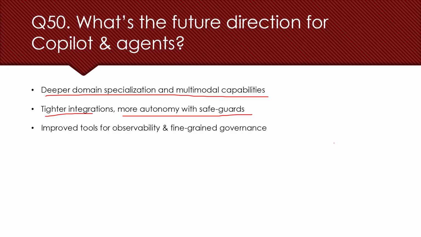Developer tooling will improve, offering better observability, versioning of your agent, and prompt lifecycle management so organizations can scale Copilot with confidence. So it will be helpful to have improved tools for observability, having a human eye on it, and the governance will be fine-grained so that we have all the details we want for the Copilot. As a future direction, it is going to evolve more and more.